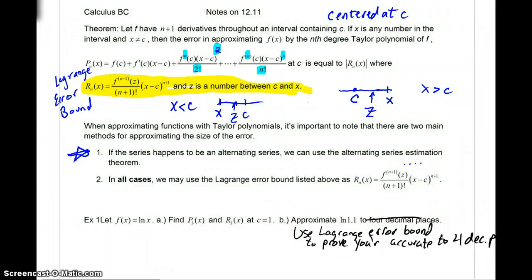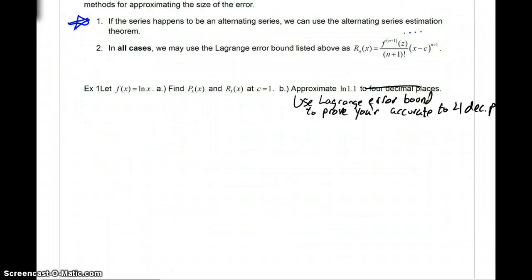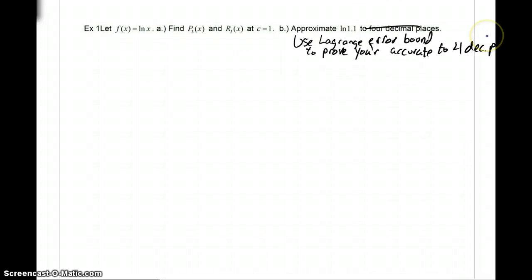So let's jump into a specific example, and I think this could really be helpful. I'm hoping that it will be. Let's take a look at f of x is equal to the natural log of x. Find the third degree Taylor polynomial. Find the Lagrange error bound evaluated when we are centered at 1.